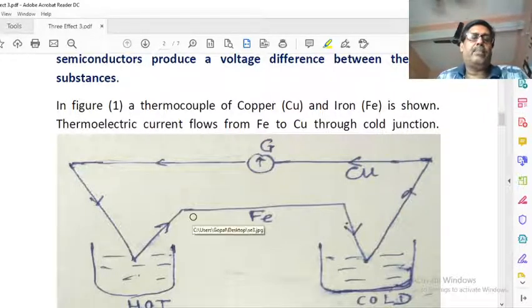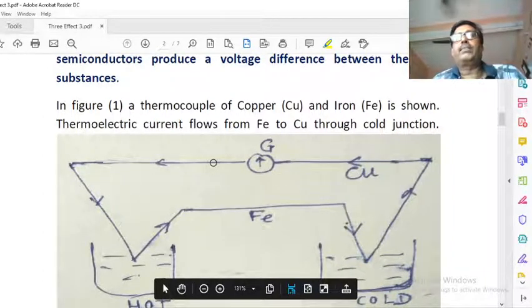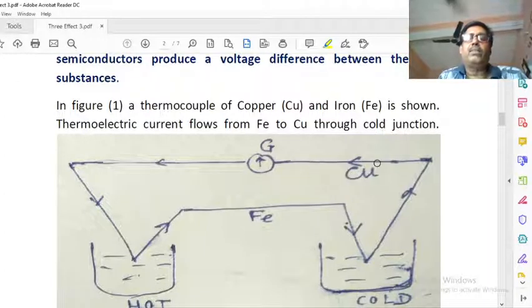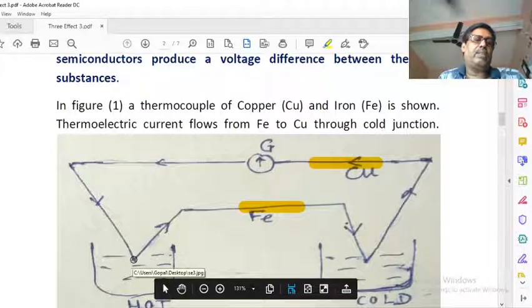So see here, for better understanding, we take two metallic wires of different metals. In the figure, you may say this is a wire of copper and this is a wire of Fe. Okay, and these two wires are joined end to end here.